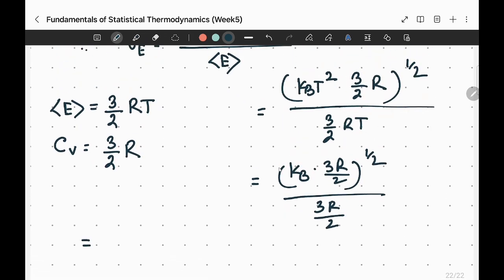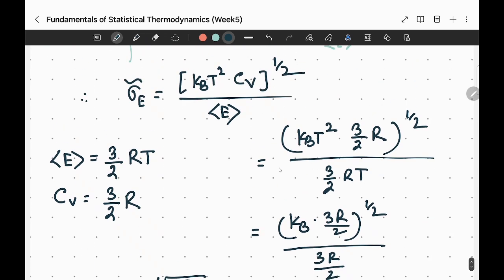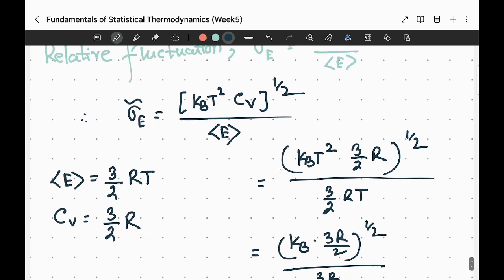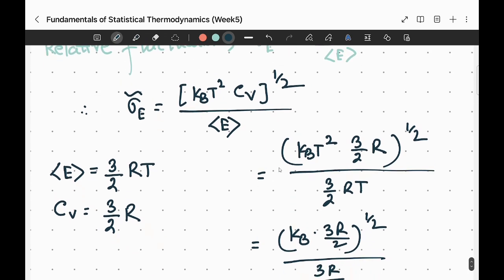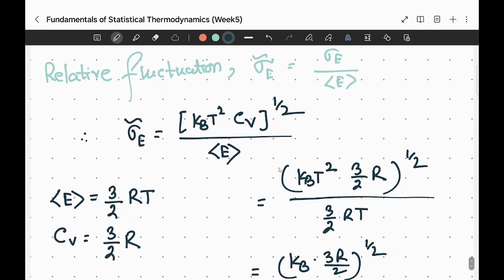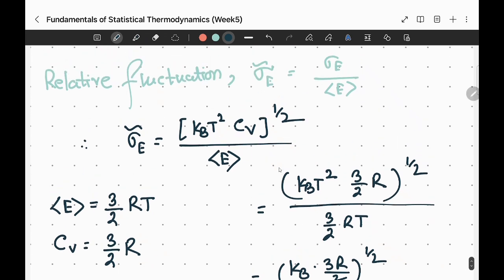So it will be kB divided by root over 3R/2. One thing we have to keep in mind is that this is for 1 mole, obviously. If it is for 1 mole, then here also you have to consider the NA term, and R will come out.